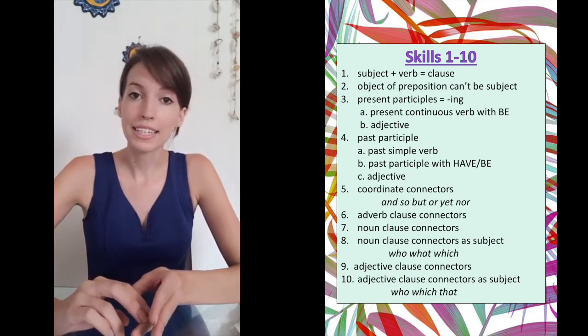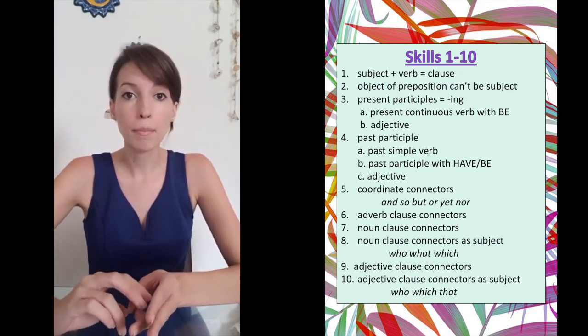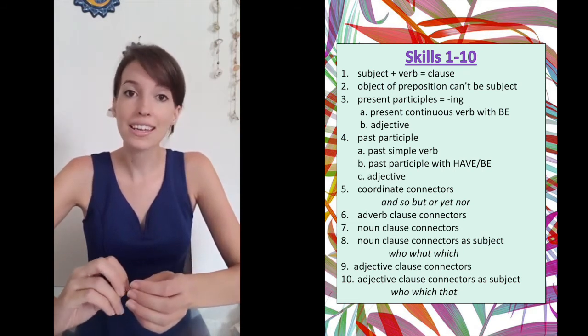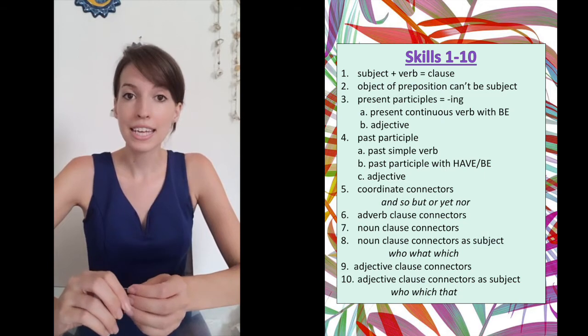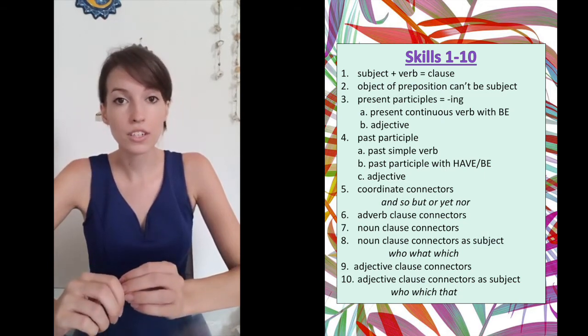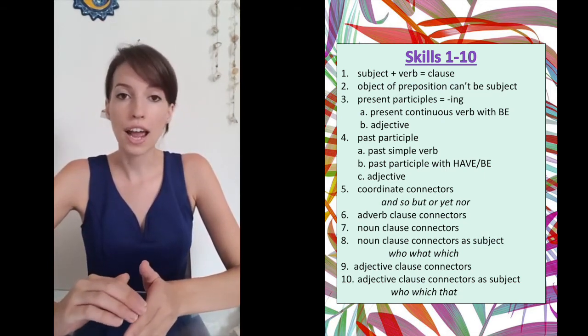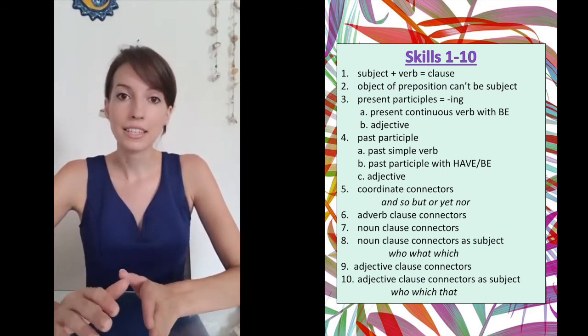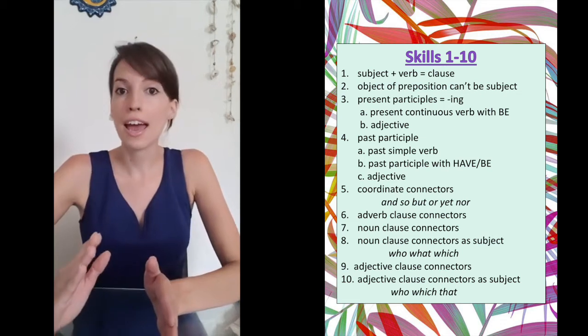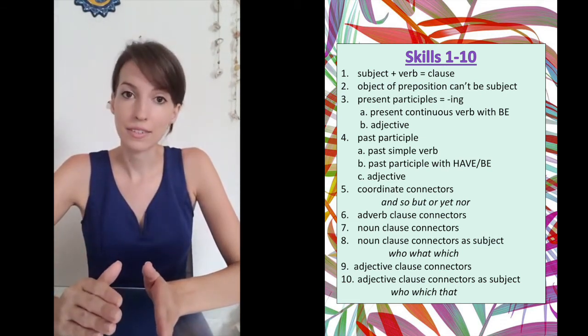Remember, for Skill 8, these words can be both the connector and the subject in the sentence. Then Skill 9 is adjective clause connectors, and Skill 10 is adjective clause connector subjects. Once again, these can be both the connector and the subject of a sentence.